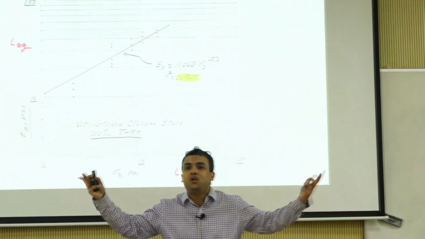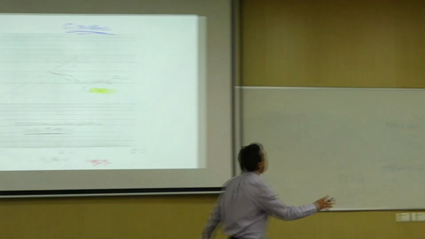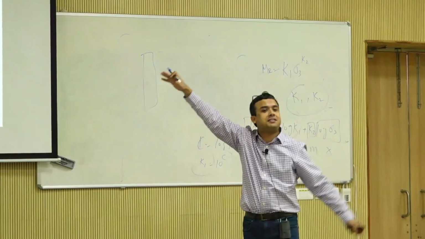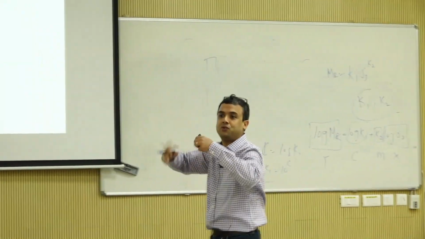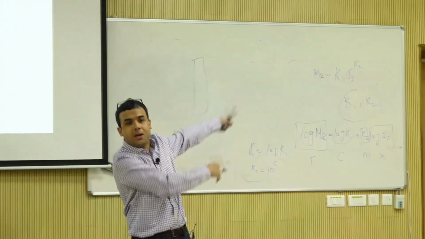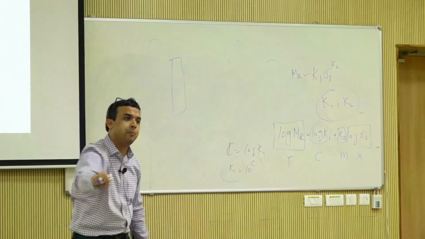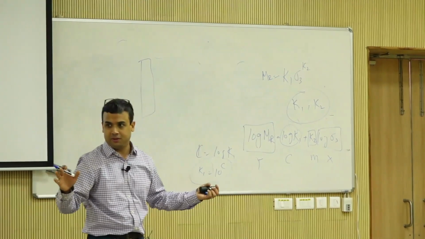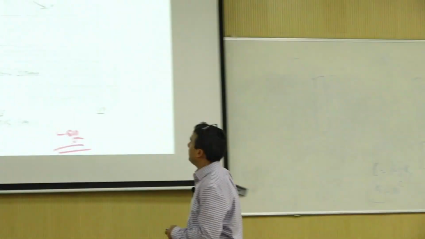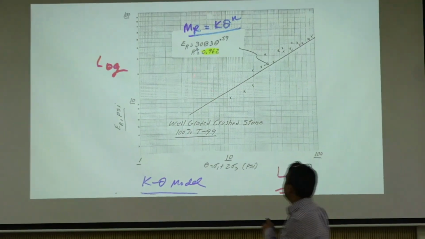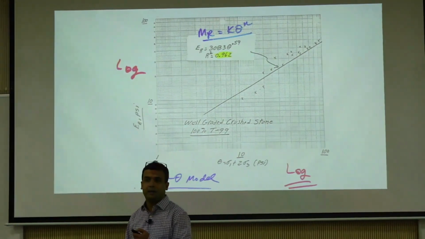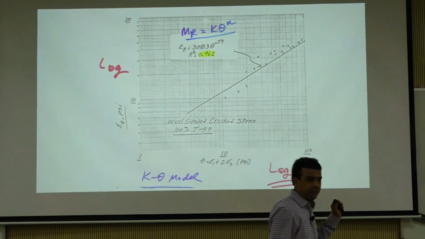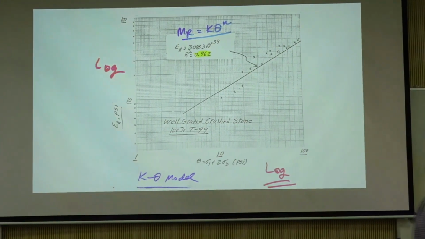So that's basically what is going on here. You find K1 and K2. Now you have a beautiful thing with you: here is your K1, here is your K2, now go and run wild. Run any layered elastic analysis, determine sigma 1, sigma 2, sigma 3 at any point you want, put in K1 and K2, and that's the modulus at that point. So now you have a complete distribution. The most common one is the Hicks and Moniz-Smith model that you will come across all the time. It's called the K theta model.